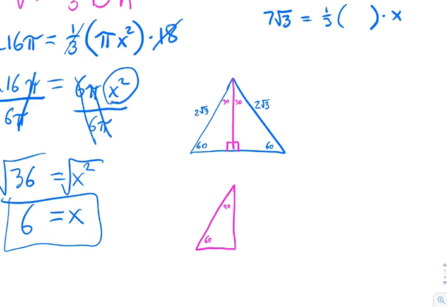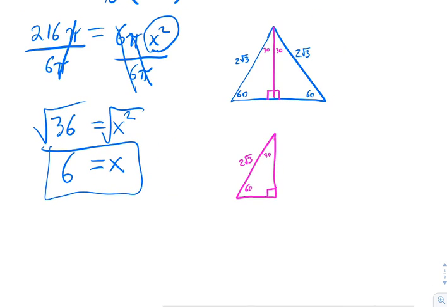And so now I can use a 30, 60, 90 triangle here. In my 30, 60, 90 triangle, I have 2√3, and I'm looking for, oh, I have a 2√3 on bottom. So this is a single √3 and a single √3. So I already have a base. I just need my height here. And I know this is similar to every 30, 60, 90 triangle, specifically the one we use a lot, that's 1, 2, and √3.